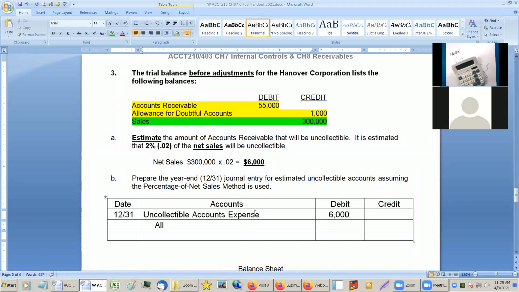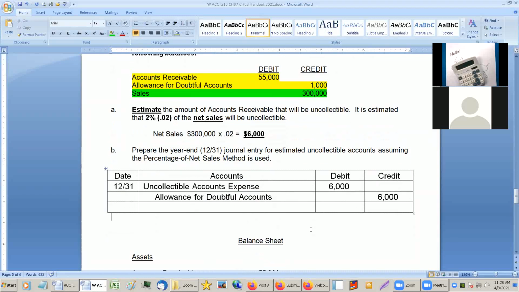And then we'll have our allowance for doubtful accounts. Sometimes it's called allowance for uncollectible accounts. There's a few different ways you can write that.